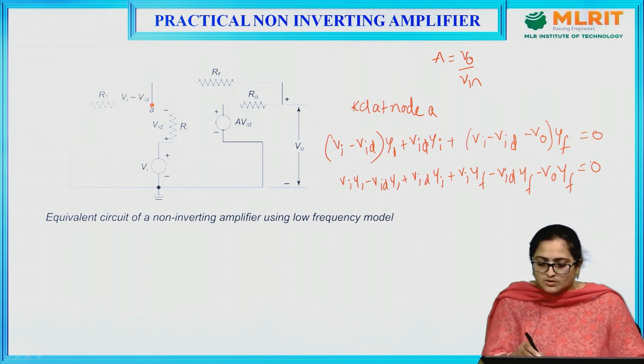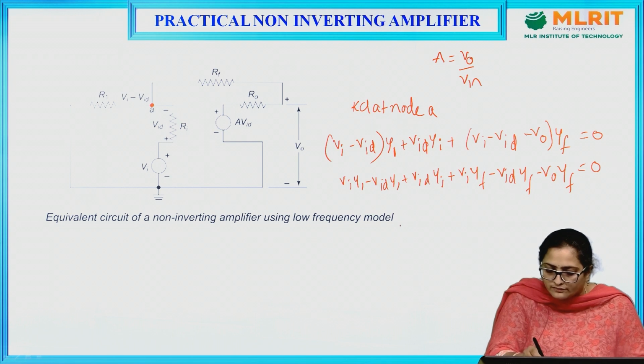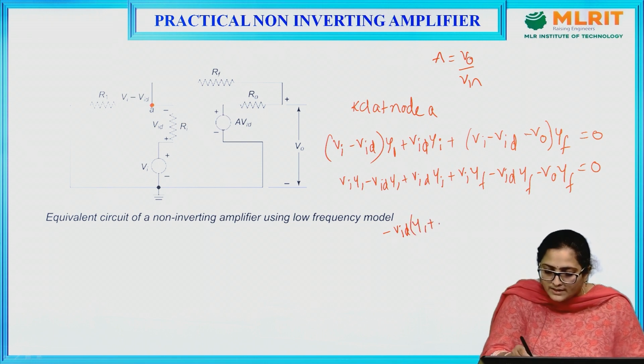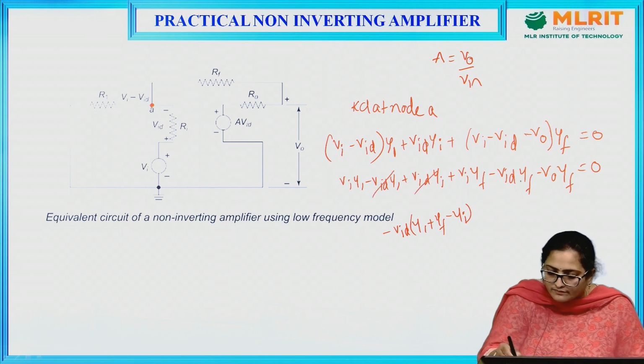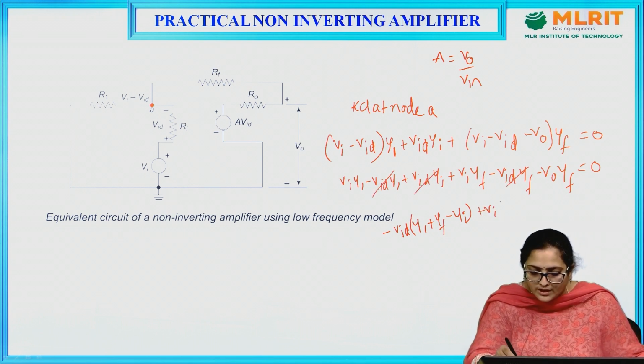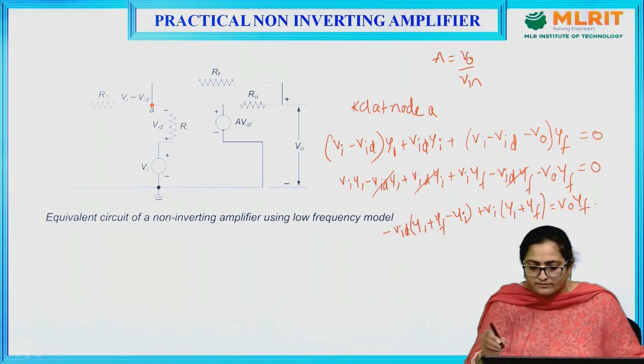So this expression can be given as, if you take VID common, minus VID, I am writing it as Y1 plus YF minus YI, these three I have taken common from these three, plus if you take VI common, you can write as Y1 plus YF is equal to V0 into YF.